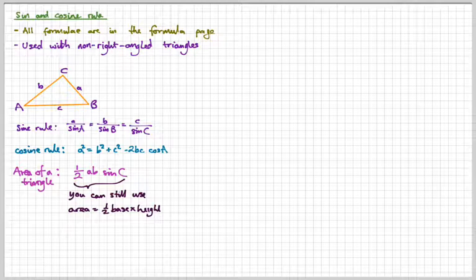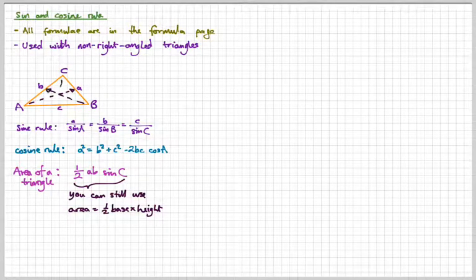Okay, all the letters in these formulae relate to the triangle that I've drawn. So the triangle is also in the formula sheet. Now, the labelling of the triangle is very important. You can see that the small letters to represent the side lengths always are opposite the angles of the same letter.